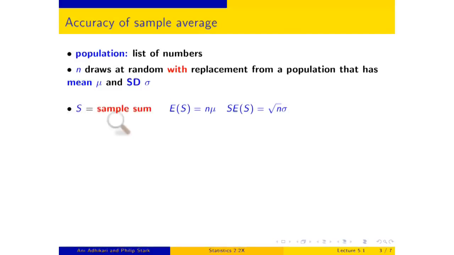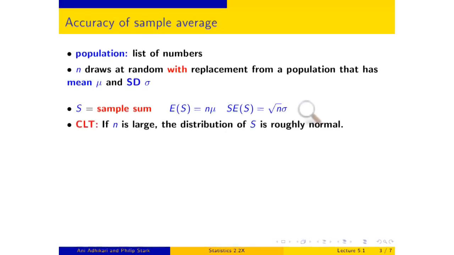So if you take the sample sum, then the expected sample sum is the number of draws times the average of the box. The standard error for the sample sum is square root of the number of draws times the SD of the box. Nothing new there. And by the central limit theorem, if the number of draws is large, then the probability distribution of the sample sum is roughly normal.